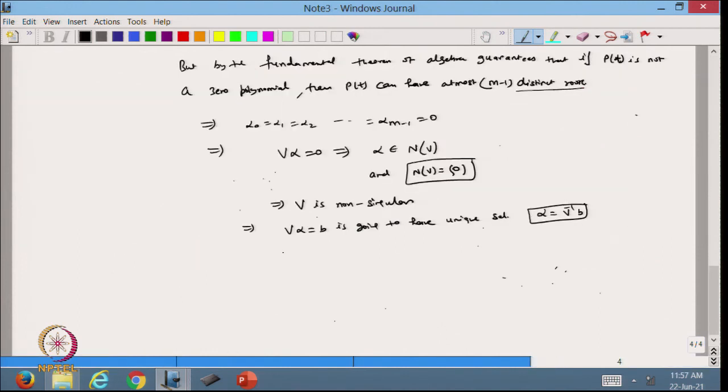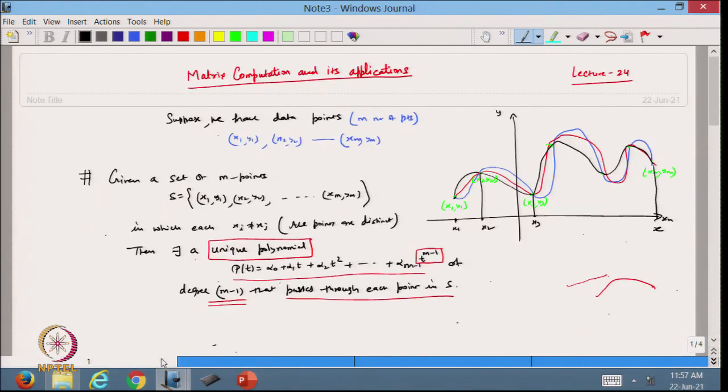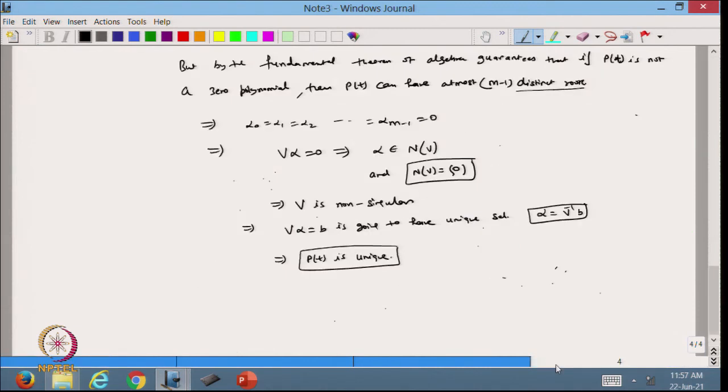So, from here I can say that my polynomial p(t) is unique. Whatever points you take, you could draw different polynomials, but by this theorem we have shown that only a unique polynomial passes through all the points. So, that is the proof of this.